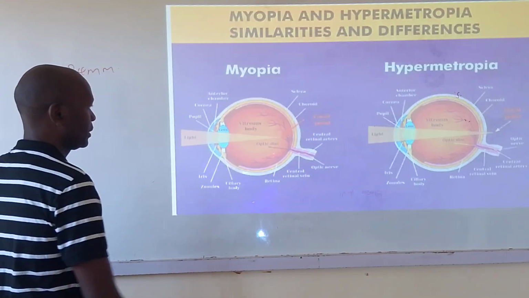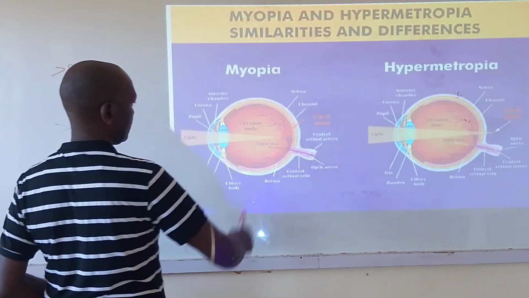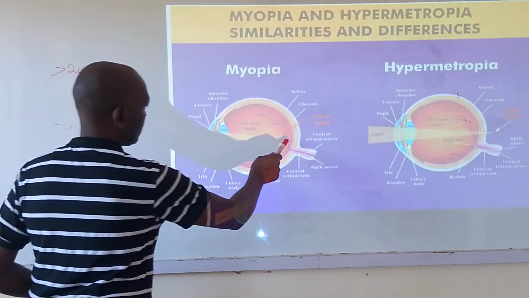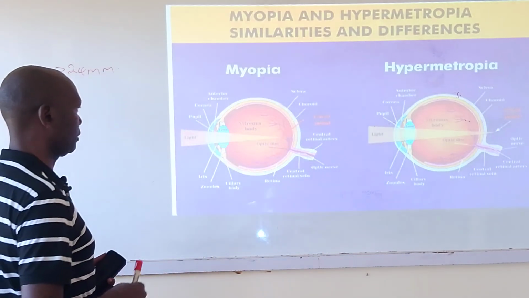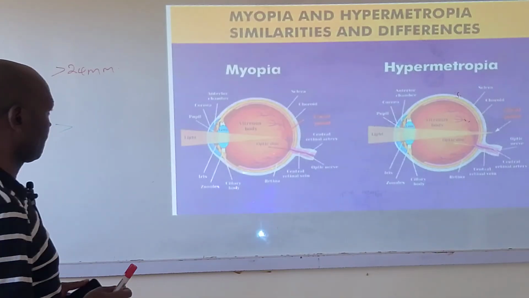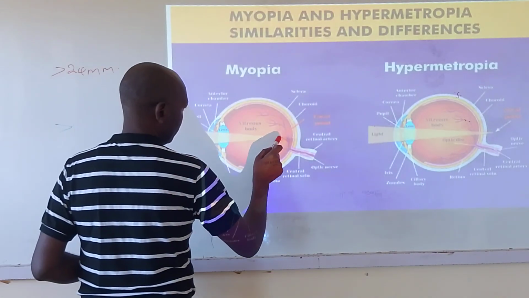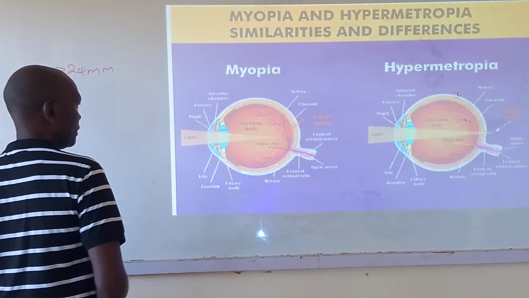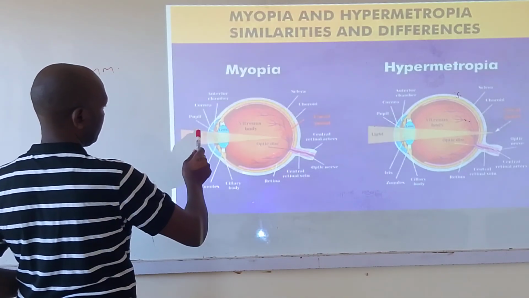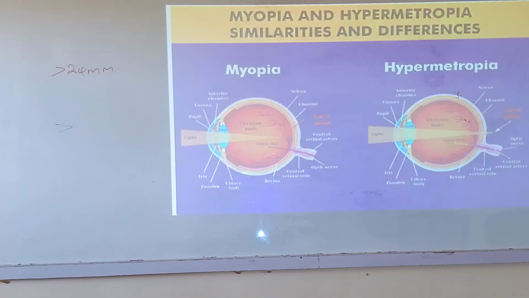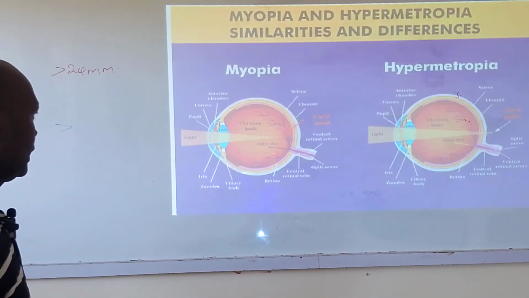So it becomes difficult. You know, light is supposed to be focused on the retina and the macula for you to have a sharp focus of the object and see it clearly. But when light focuses in front of the retina, because of a large eyeball, then you become myopic. You can't see objects that are far away clearly.